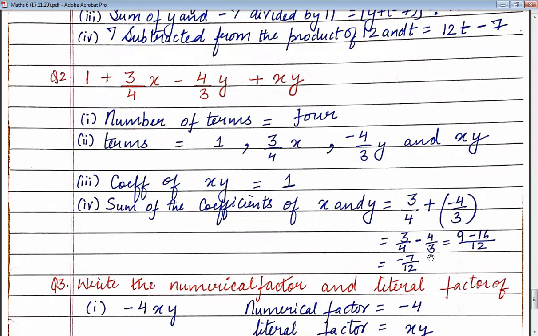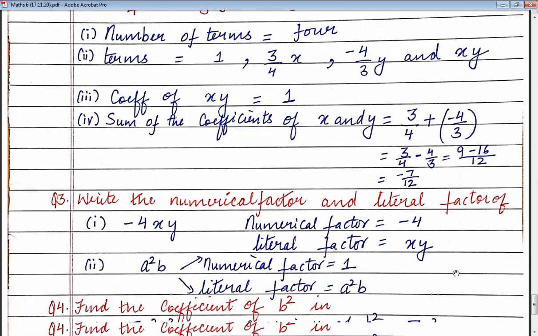Now to make this as 12, you have to multiply by 3. 3 threes are 9. Now to make this as 12, you have to multiply with 4. So it becomes 16. So 9 minus 16, which further is equal to minus 7 upon 12.